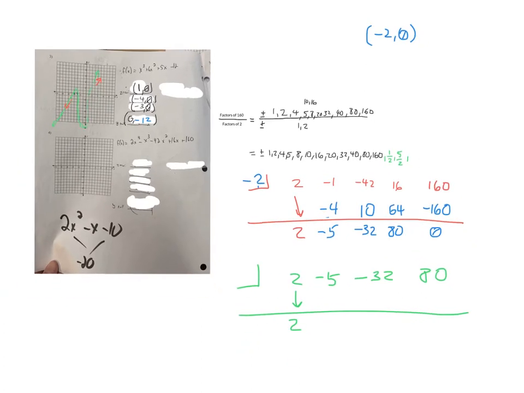Now, I'm going to go ahead and just try -4 right now and see what happens, because according to my calculator, it looks like -4, 0 is a zero. So -4 times positive 2 is negative 8. When you add negative 5 plus negative 8, that's negative 13. Negative 4 times negative 13 is positive 52. And then when I add negative 32 plus positive 52, that is 20.